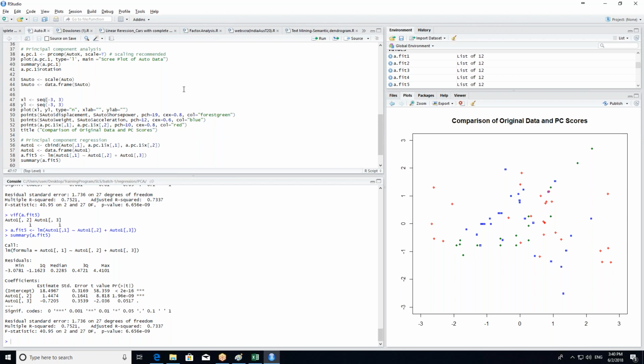Lakshmi, one question. Ideally, the number of principal components will be equal to the number of variables we have, right? Yes, number of principal components equals number of variables. That is how the principal components will be created, but you don't need all of them.